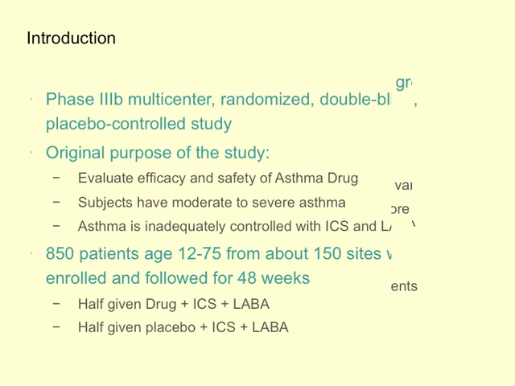Biotech drugs have been around for asthma patients for about 10, 12 years, something like that. And this is a phase 3B, which is like a post-marketing commitment to the FDA. A placebo-controlled, randomized, double-blind study. The original purpose of the study was to evaluate efficacy and safety of an asthma drug. These are moderate to severe asthma patients, and they're inadequately controlled.